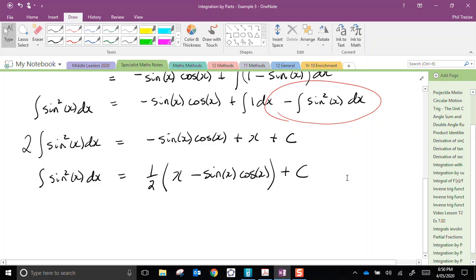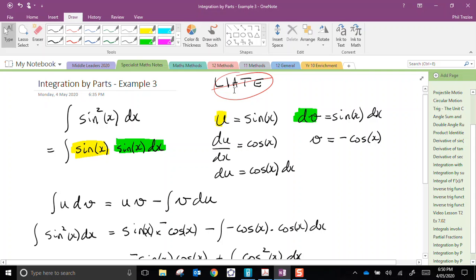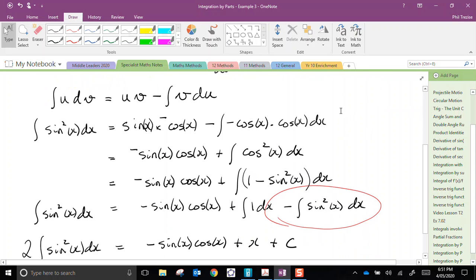Now, what are a couple of important differences here that we haven't seen before? Well, this idea of LIATE didn't apply because both parts of our original integrand were trigonometric functions. This only works when we have parts which are of different types. And the other bit that happened here was that our original integral, integral of sine squared, through a little bit of trickery, reappeared on the other side of the expression, importantly with a negative sign in front of it.